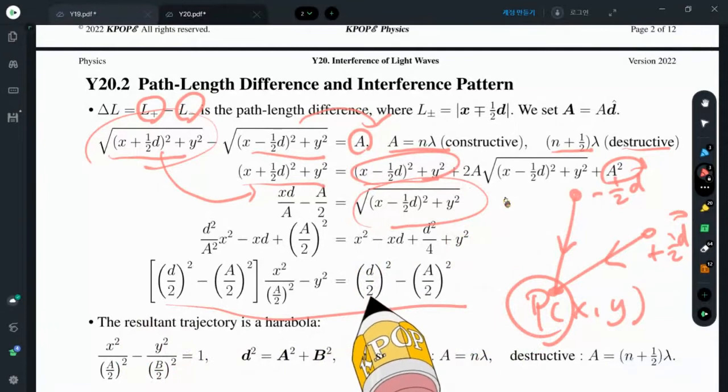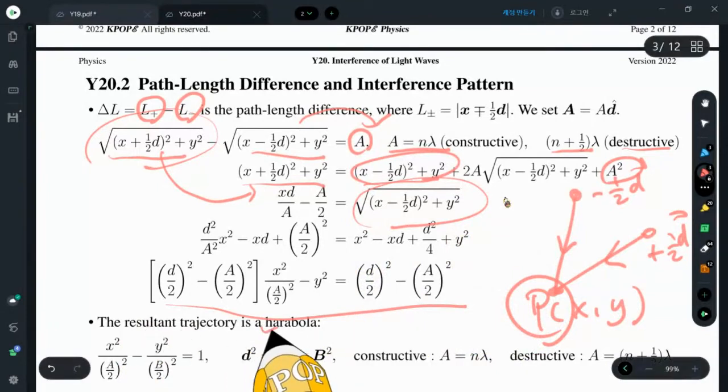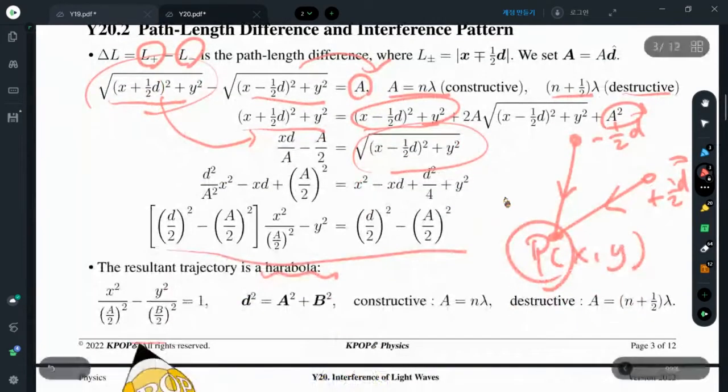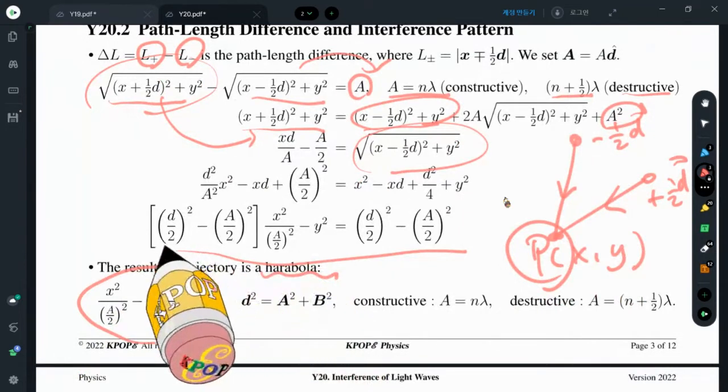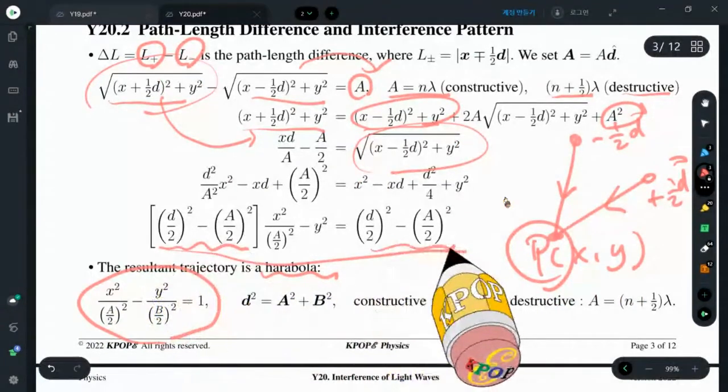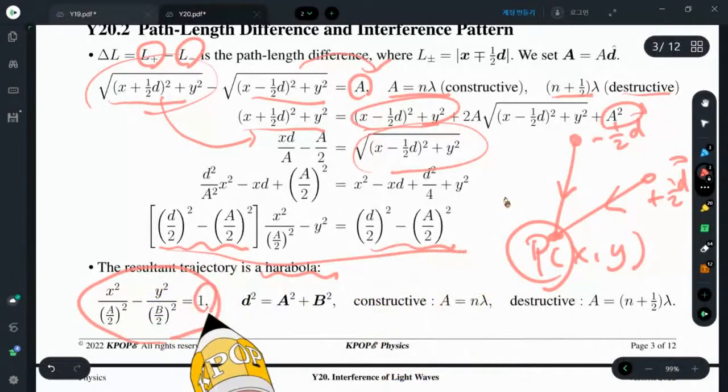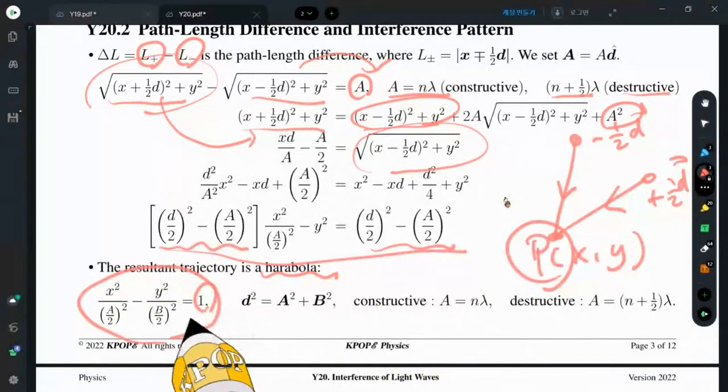This is, in fact, a parabola. The general form of the parabola is like that. You divide both sides by this number, then the right side becomes 1, and x squared divided by (1/2 of a) squared, minus y squared divided by (1/2 of b) squared, is 1.